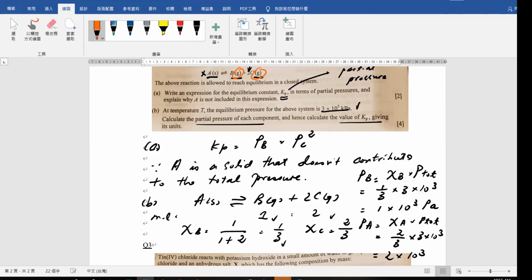Now once you work out this one, it's almost done because you have this partial pressure and you have this partial pressure. You just plug this into this equation. Then we can do this together. So Kp will be equal to P of B, this one. I don't have enough space, so I will write on the words. Together with this one.